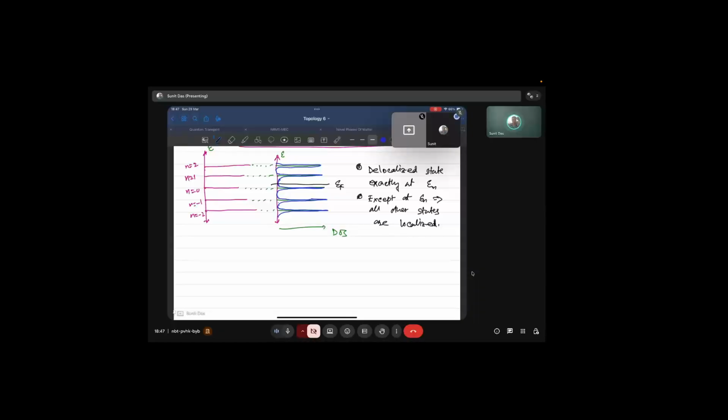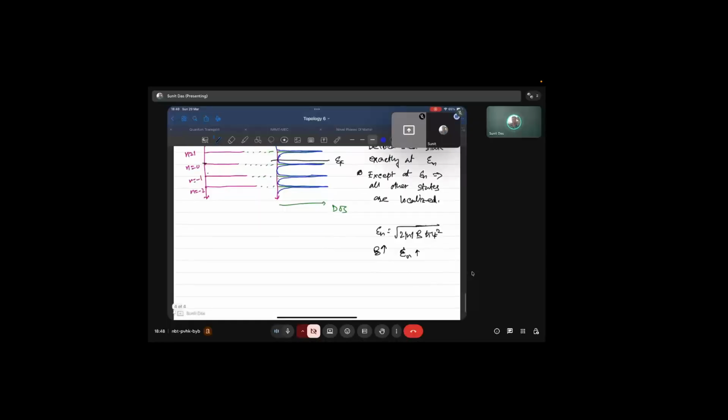One, the energies of these n equal to 0, n equal to 1, and so on also increase, because epsilon n for graphene is something like root B, with some factors, maybe h bar vF squared and so on. So as you increase the magnetic field, epsilon n for each Landau level also increases.